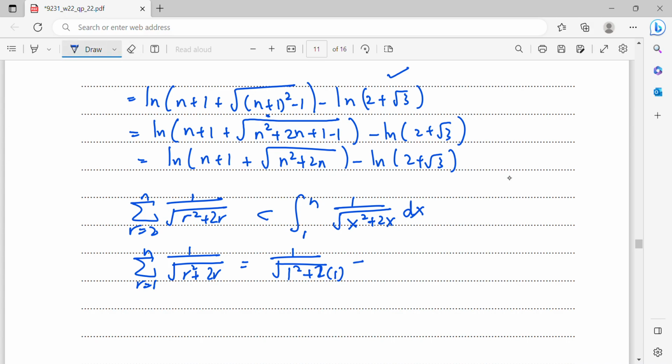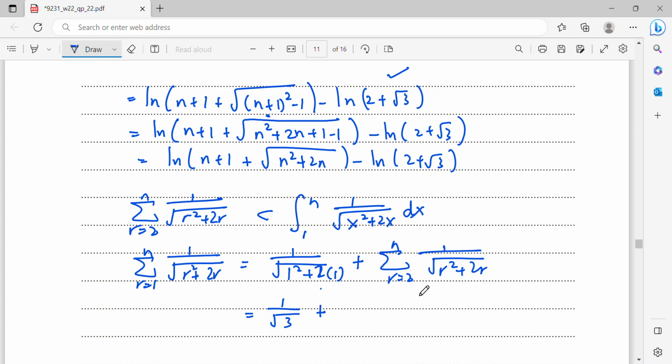And then I plus with summation, because I have considered r from 1 until n instead of r from 2. So that's why I have to replace the r by 1. So here r from 2 until n, 1 over square root r squared plus 2r. Now, first term, it will be 1 over square root 3. Then here, it will be plus this summation.